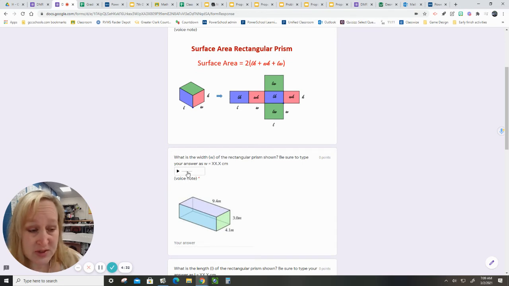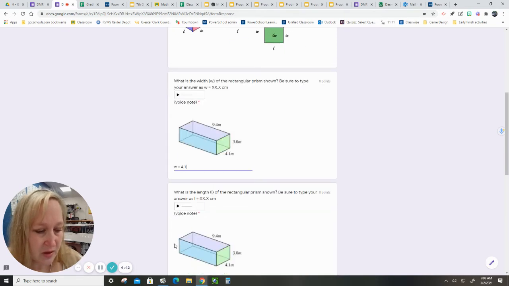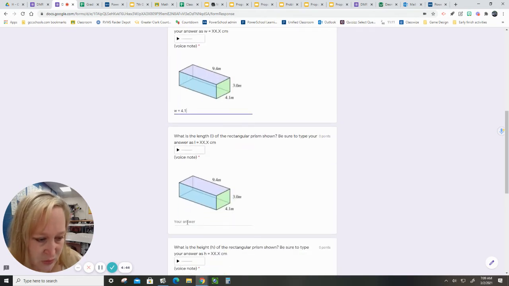Okay, so we're going to do exactly what we did before. We've got to determine what we want as the width. So in this one, W equals, and I'm going to choose 4.1. This next one, I have to choose one again, and this one is length. So I'll choose 9.4, L space equals 9.4.